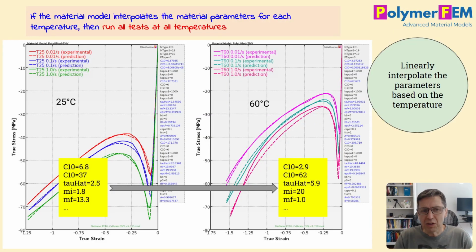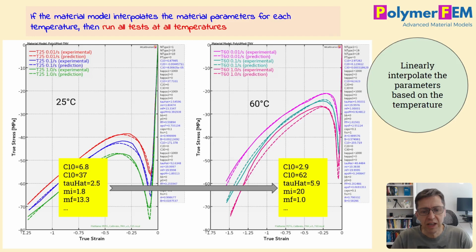And it turns out that the most common of these two is the case where you actually calibrate a material model for each temperature, and then you have the finite element program interpolate the individual parameters for intermediate temperatures. So in essence, you need to calibrate the material model for each temperature, and since that's the requirement, you actually have to do all the experiments at all temperatures.